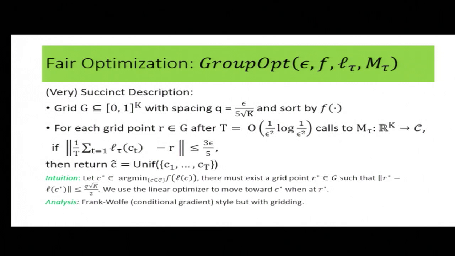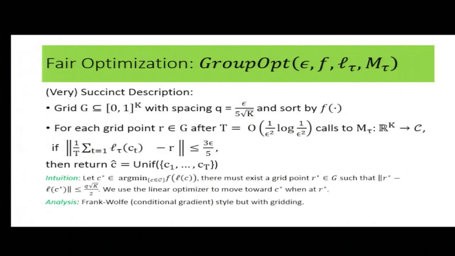And so a very succinct description of the algorithm is that we pretty much grid the space. We define the grid spacing to be epsilon over 5 root k. And then using a number of calls, which is 1 over epsilon squared times log 1 over epsilon squared, we call the linear optimizer, M tau. And then for the T iterations, we receive a different classifier.